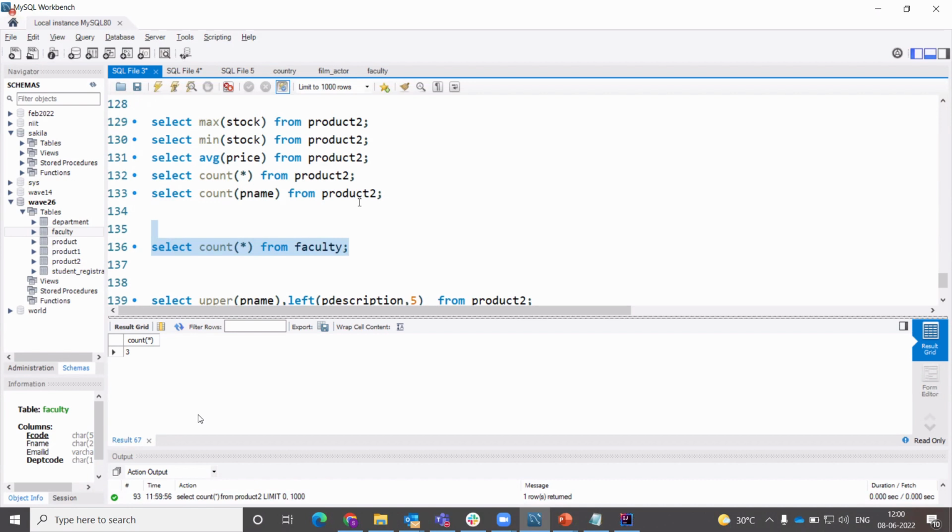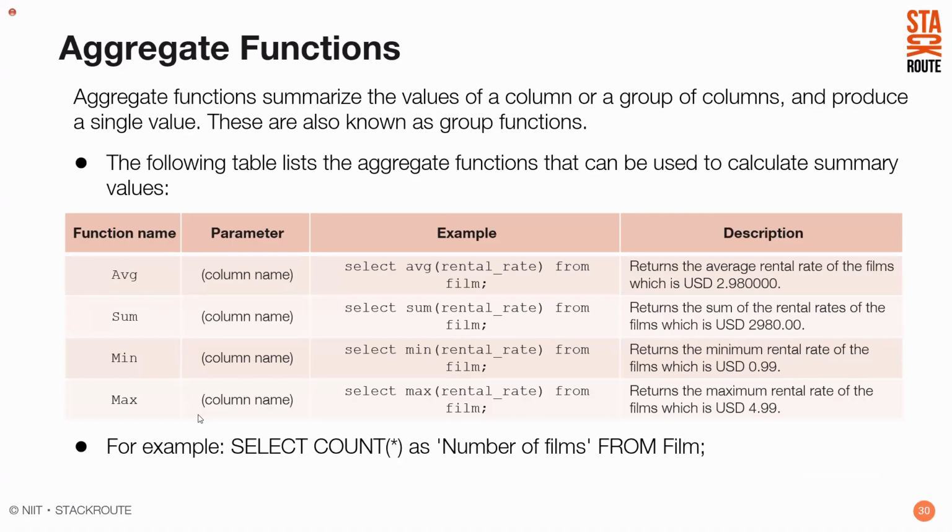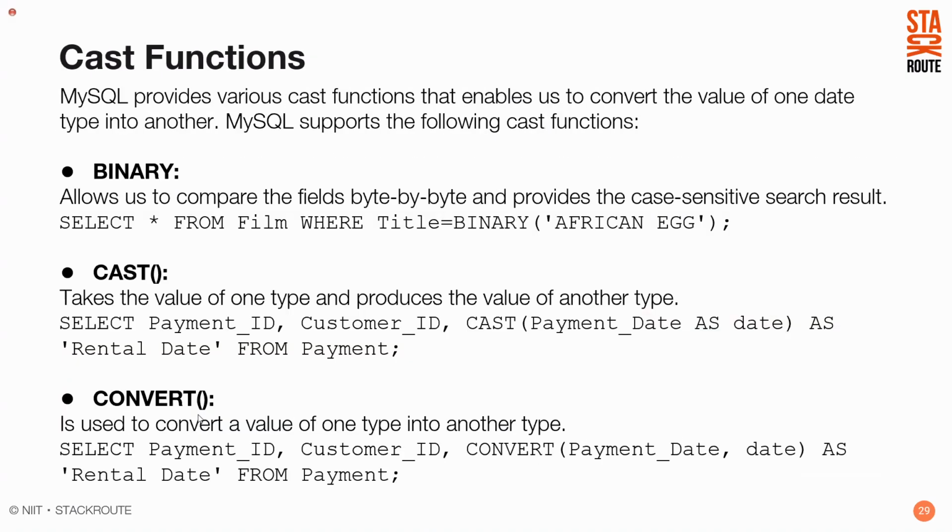Ma'am, can you explain the cast from the previous slide? Okay. Let's assume payment date. You have defined it as datetime, and you want to convert it to date type. I cannot cast other data types to the date type.